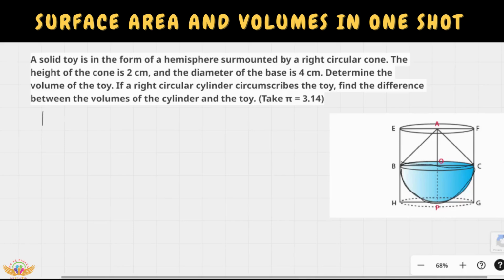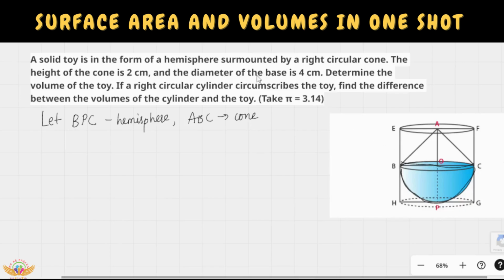Let BPC be the hemisphere, and ABC be the cone standing on it. Now what is BO?